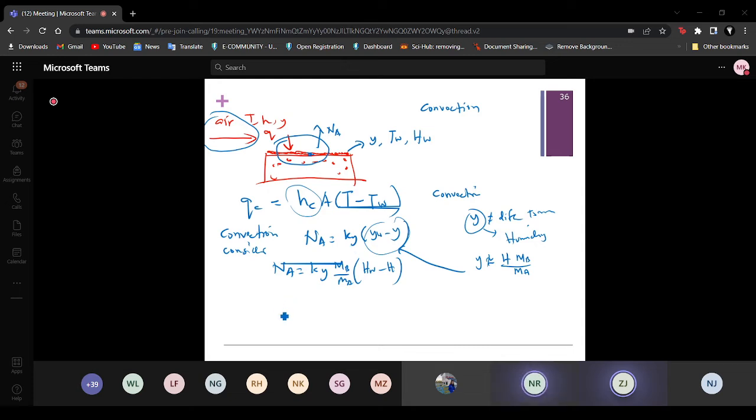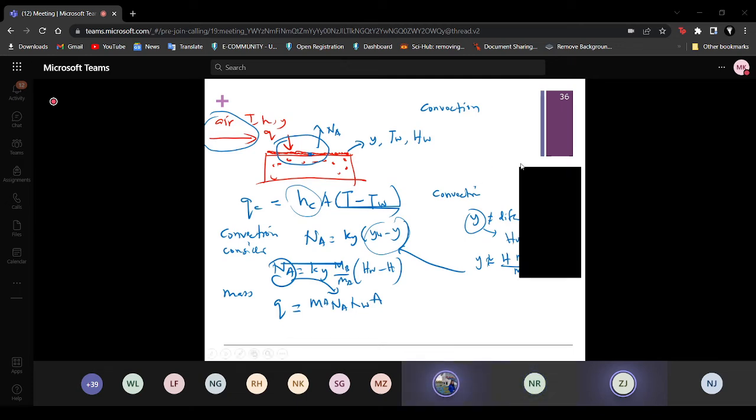Alright, and for mass transfer, you can also find the Q, the heat, equivalent to mass transfer. So the Q for mass transfer is equal to MA, that is NA, the flux, times latent heat times area. Okay, so now you replace this one into this equation because you need to equalize.